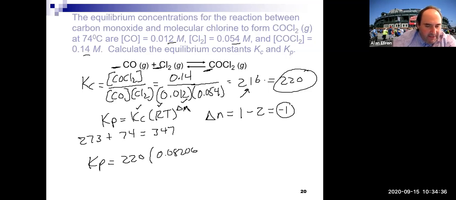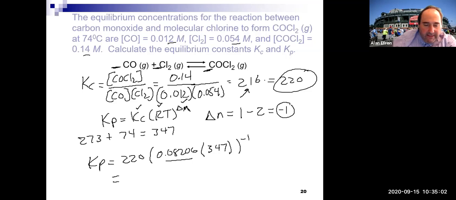I'm going to use the gas constant. I just use that number because that's what's in my head. Again, you could use the 0.0821 if you want. That's 347 and minus 1 here. So what we want to do is basically take 0.08206 times the 347, take 1 divided by it, and times it by our 220.